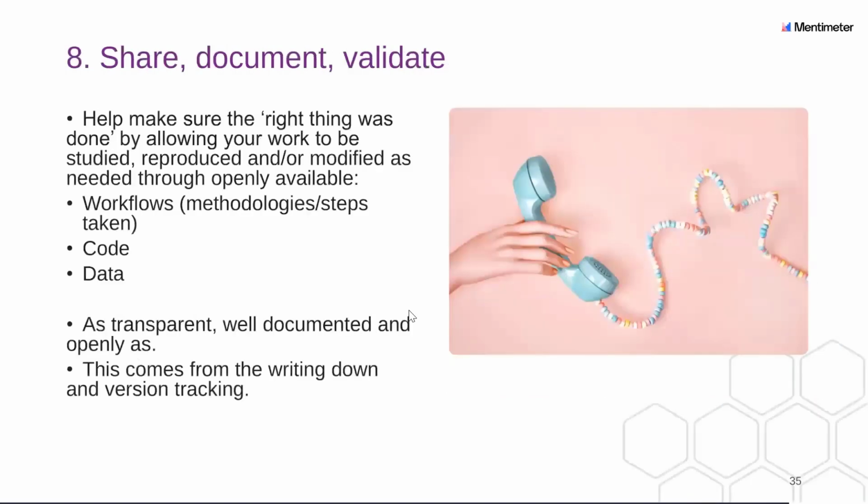And finally, share, document, and validate. Now this is why it helps to have written down the things. This step, you will be thanking yourself for having written everything down well earlier. So this is to make sure that the right thing was done, and that's by allowing your work to be studied, reproduced, or modified as needed through openly available workflows, code, and data as much as possible.